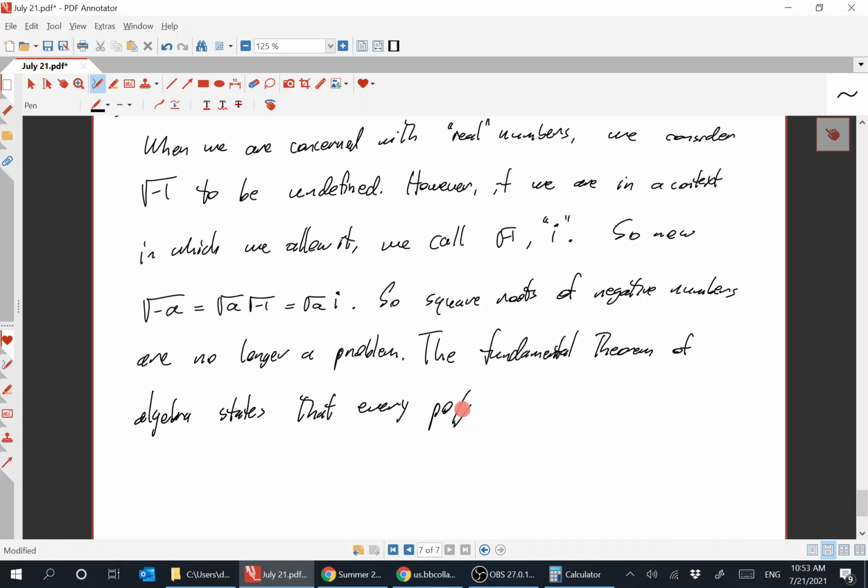Every polynomial of degree n now has n roots. Not necessarily all distinct. There's this notion of multiplicity. Now it has exactly n roots where the imaginary roots come in conjugate pairs.